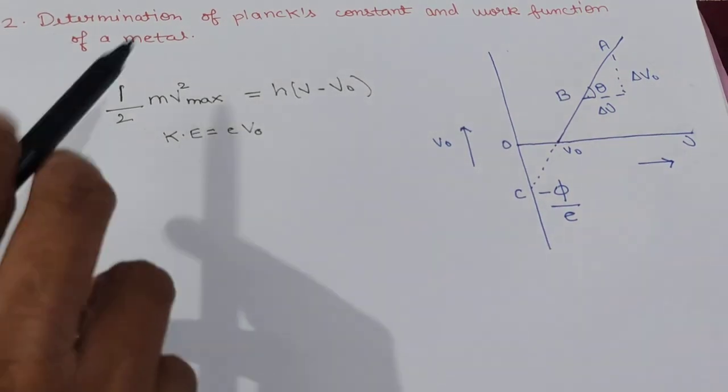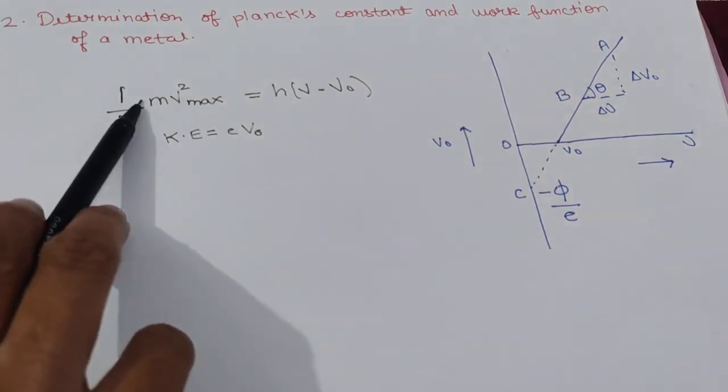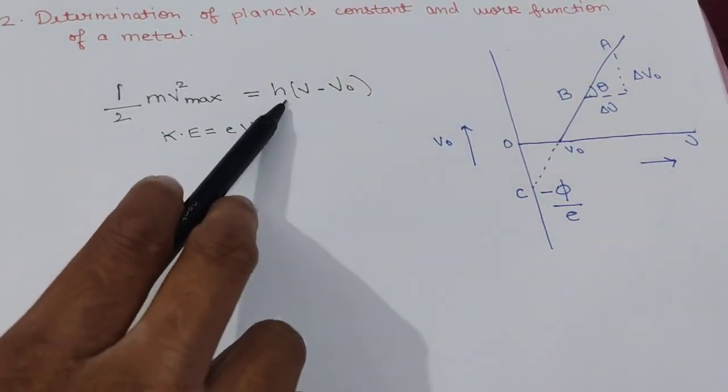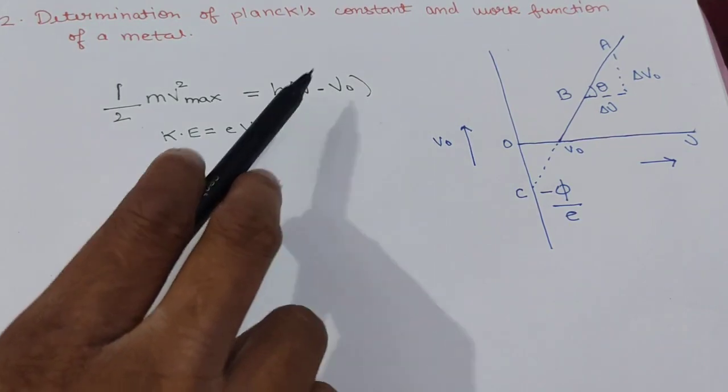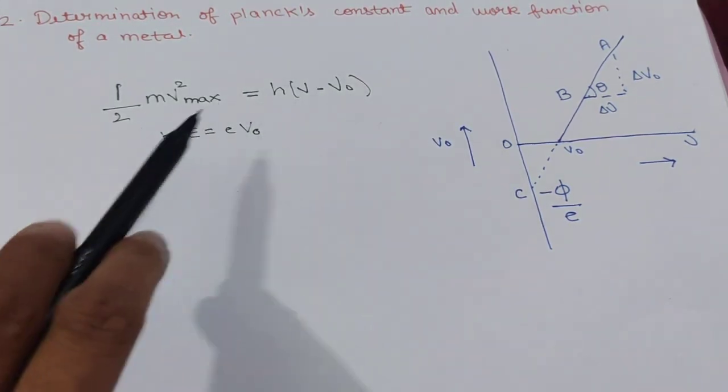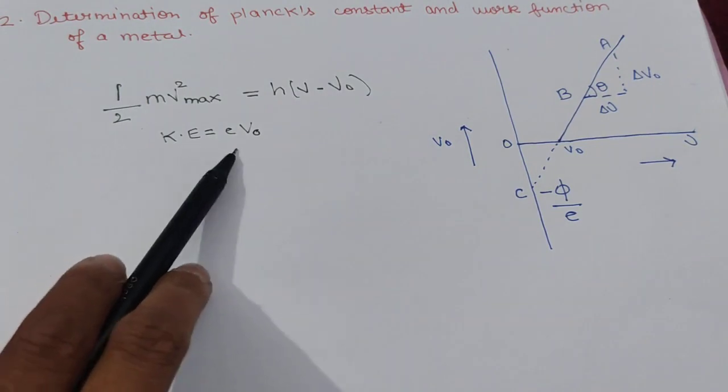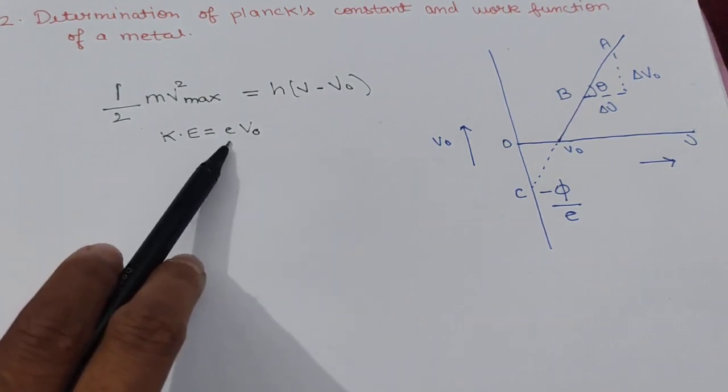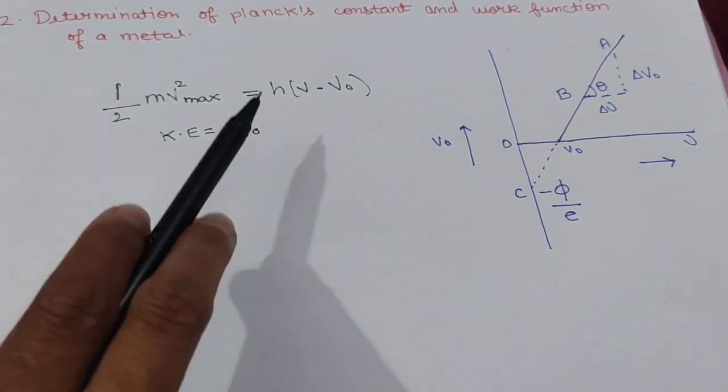So we know from the Einstein photoelectric equation, half mv squared is equal to hν minus hν₀. Also we know that the kinetic energy is equivalent to the product of the electron charge and the stopping potential.